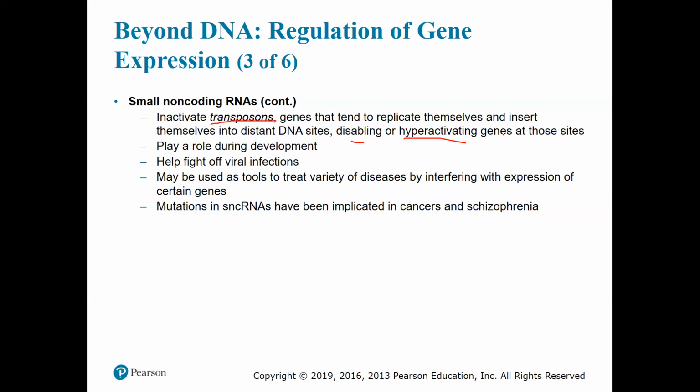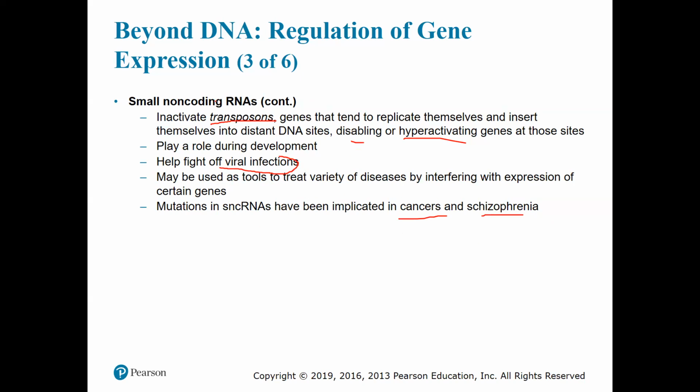It's how we're able to go from our big stem cell down to all the different cell types of the body. They also can help fight off certain infections, specifically viral infections. They could be used as treatments or tools for treatment of disease. So we can target these small non-coding regions, help support them or silence them so that certain genes are more or less active. And we can see mutations in cancer and even in schizophrenia, as well as a bunch of different disorders.